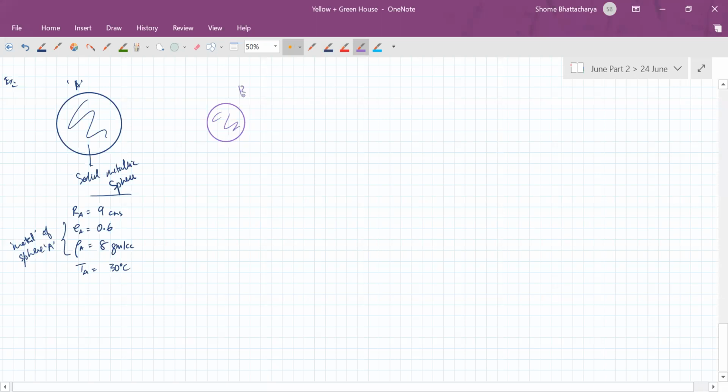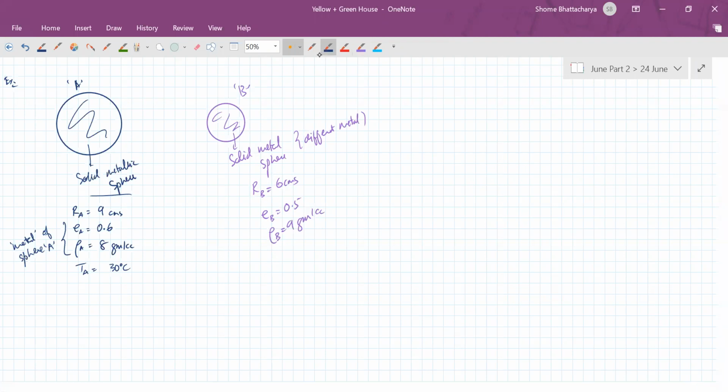Now this second one is also a solid metal sphere, but it's a different metal compared to the first one. Its radius is different, of course, because you can see the size is different, but also the emissivity of this particular metal is 0.5 and its density is, say, 9 gram per cc. And one more thing that had to be given, I forgot, is the specific heat capacity.